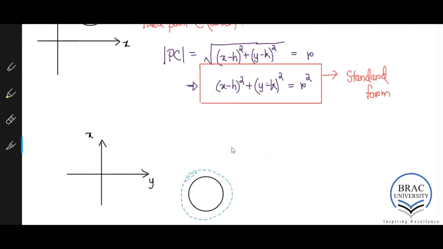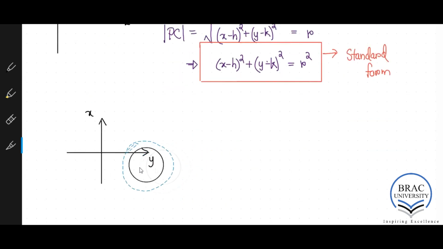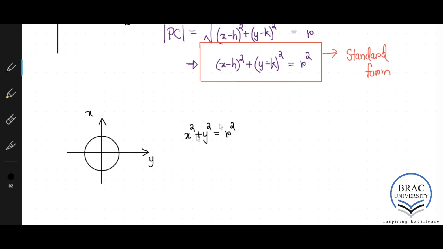Now, if we did have a circle that's centered at the origin, so the center is at 0, 0, then we know that our equation would just be x squared plus y squared is equal to r squared. You can see here that this differs from an ellipse just by the constants. There were constants here, a squared and b squared.